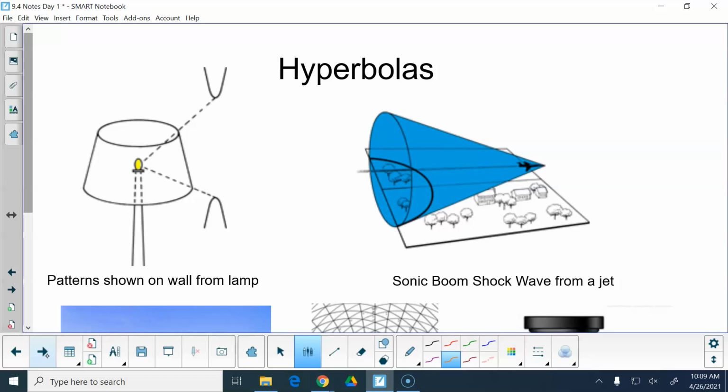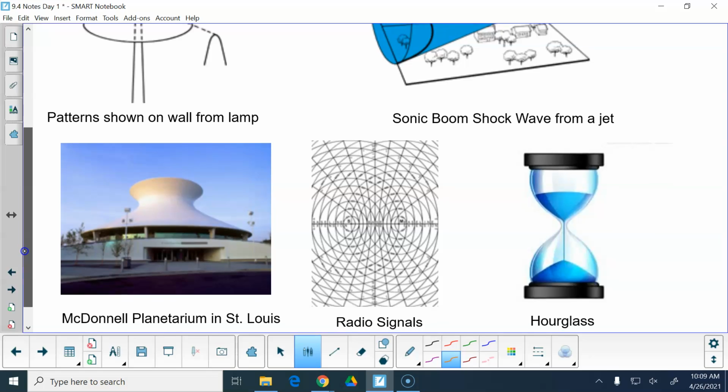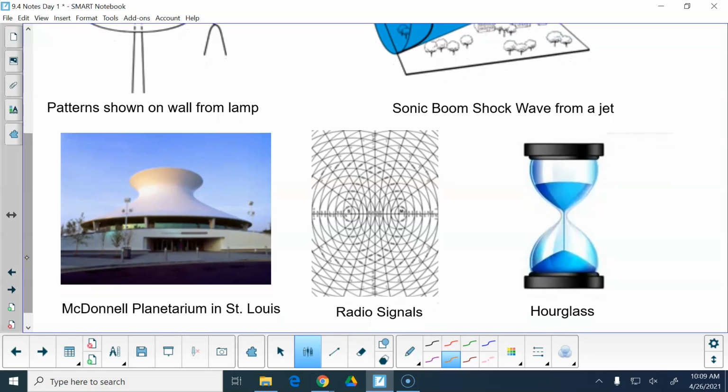But it creates one up and a lower one. The sonic boom from a shockwave is in the shape of a hyperbola. The planetarium in St. Louis, the building is shaped like a hyperbola. Radio signals, how they send out radio signals, that's in hyperbolic form. Triangulating, all that fun stuff.